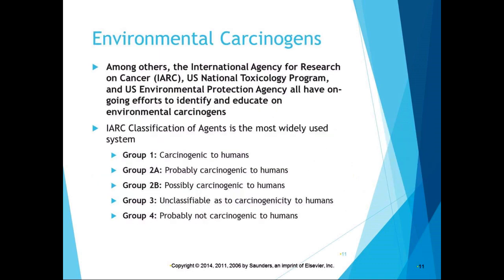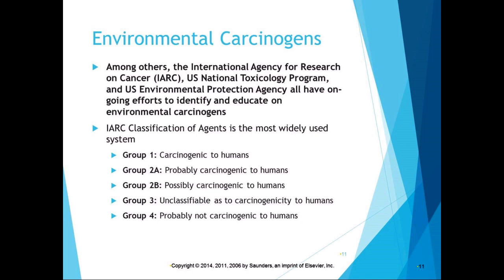Environmental carcinogens: there is an international agency, the International Agency for Research on Cancer, and I have more information about it later. And the U.S. National Toxicology Program and the U.S. Environmental Protection Agency have ongoing efforts to identify and educate the public on environmental carcinogens.